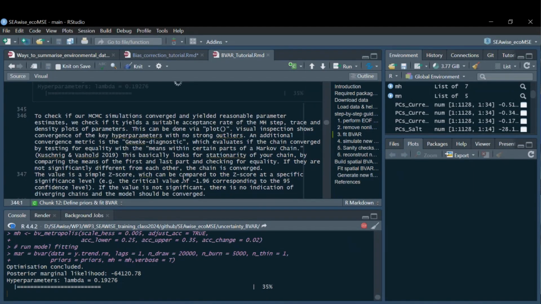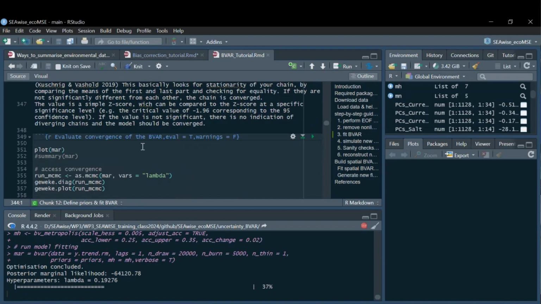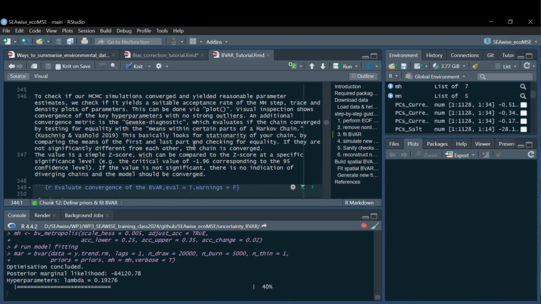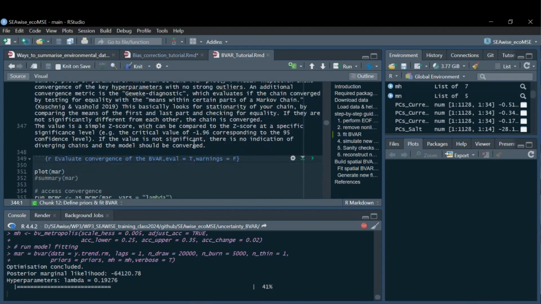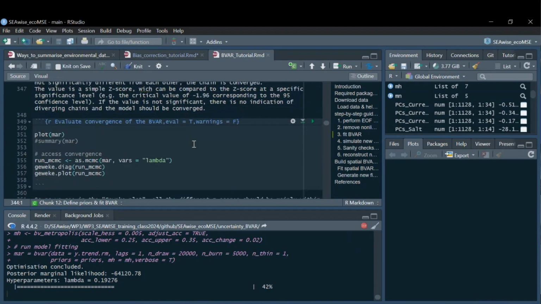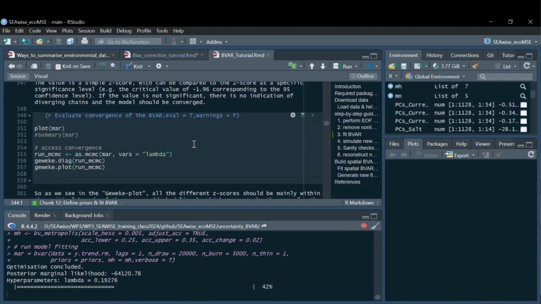And when this is done, we check for convergence of the algorithm. This is done via a series of tests. They suggest here a Geweke diagnostic, which looks at the convergence of the Markov chain Monte Carlo simulation. And if the value we get out of here indicates convergence, then we are good to go.